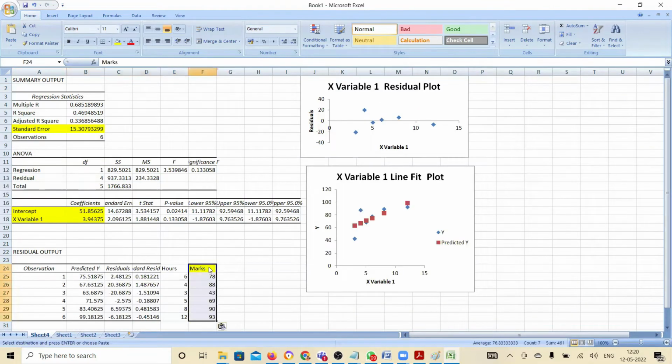So this is the actual, and this is the prediction that is being made by our model. So what is the difference between actual and predicted? 78 minus 75.5, 2.48. This is the difference. You see this? Yes. This is the difference.